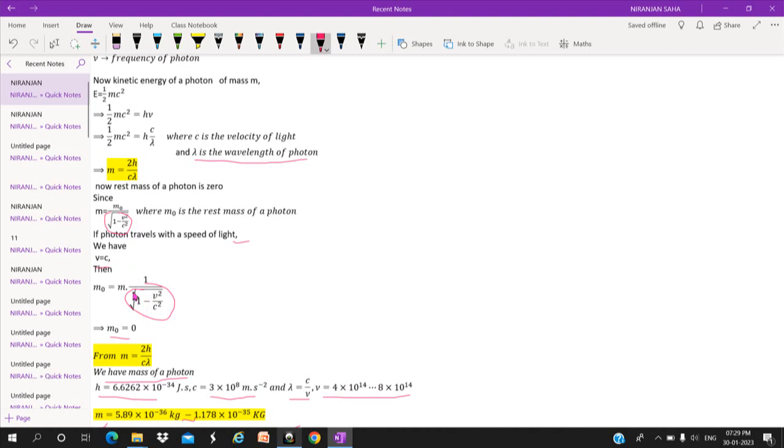And here I have written it wrongly, it will actually be in this form: m is equal to m0 multiplied by root over 1 minus v square by c square. Actually, here we will get the rest mass is equal to 0 by simplifying this. So here the rest mass is equal to 0.